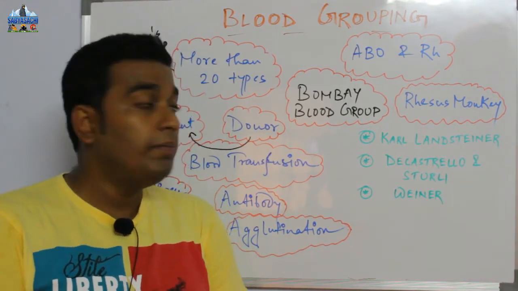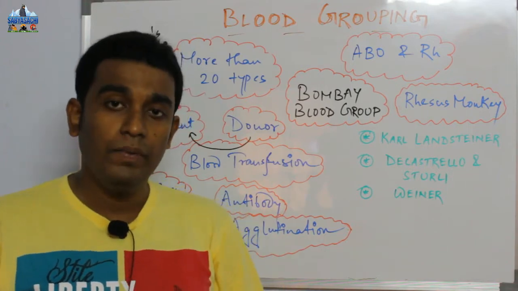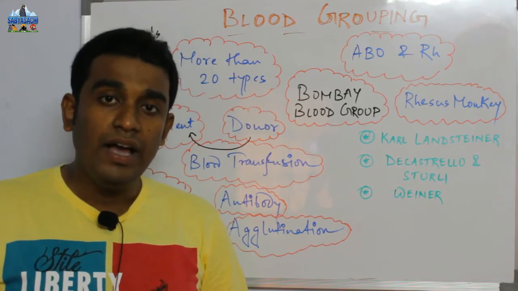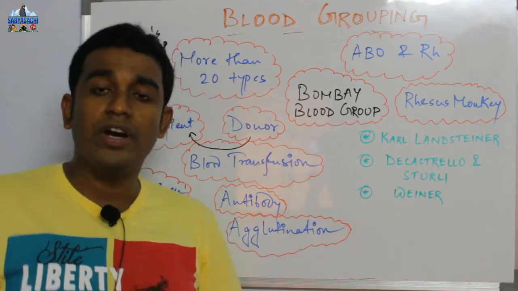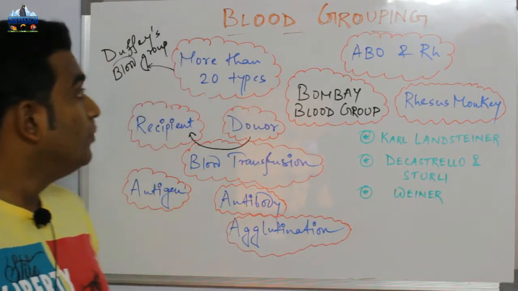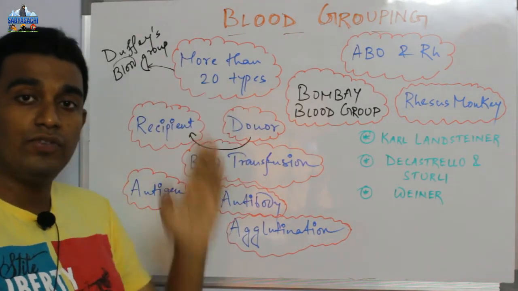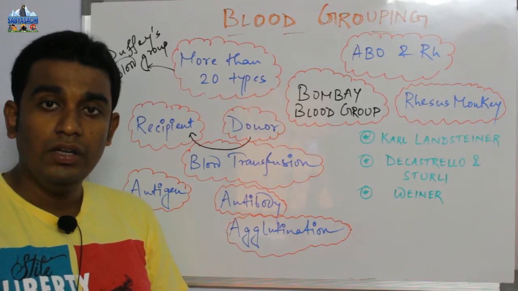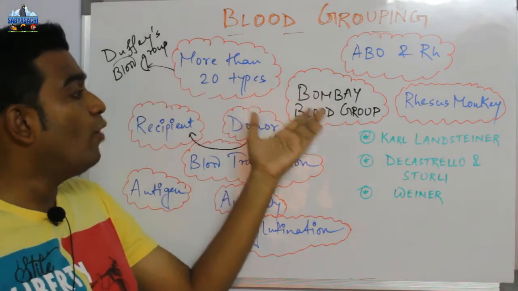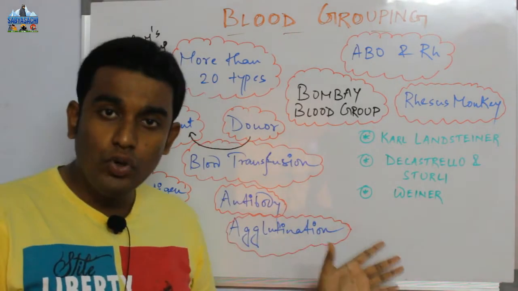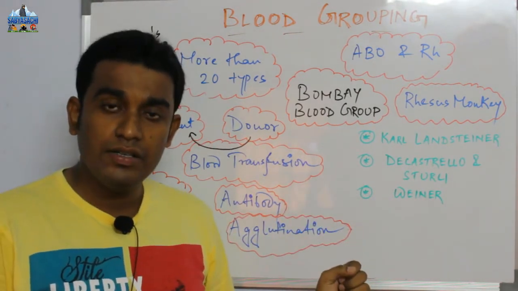Before we begin with blood grouping as a whole, let's understand a few points. What are the things that we are going to cover? Let's take something at an introductory level. Till today we have more than 20 types of blood groups in our body, like the Duffy blood group and the Bombay blood group; there are several examples. But not all blood groups are clinically significant.